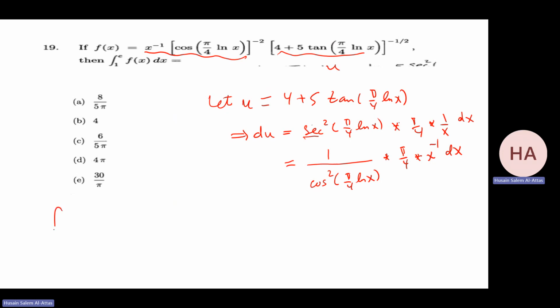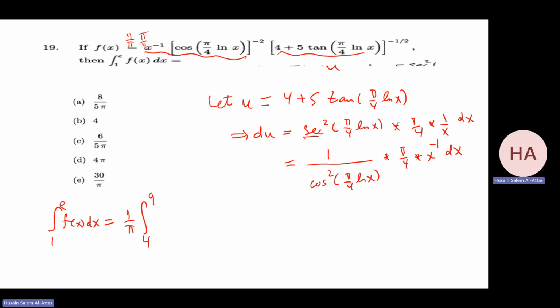So now the integral from 1 to e of f of x dx will be what? Instead of pi over 4, I need to multiply by 4 over pi. So that will be 4 over pi times the integral of what? Put 1, ln 1 is 0, tan 0 is 0, so the lower limit is 0. Put e, ln e is 1, tan pi over 4 is 1, so the upper limit is 1.